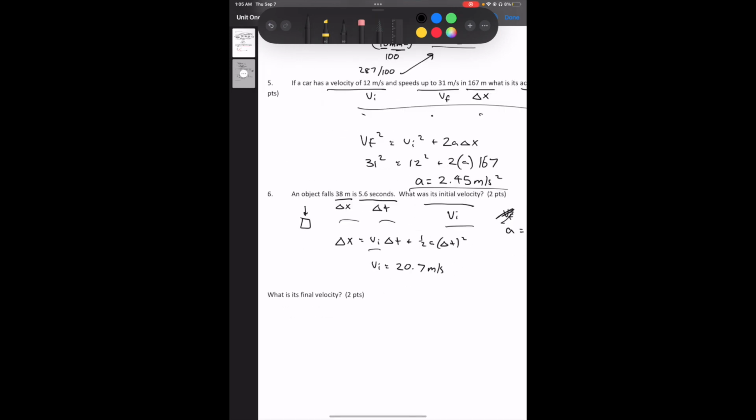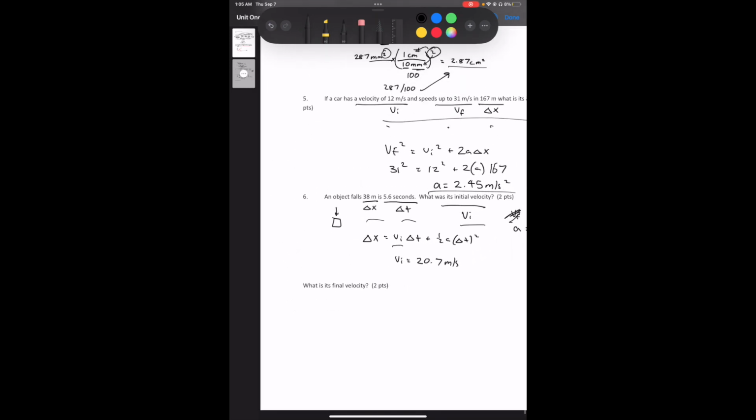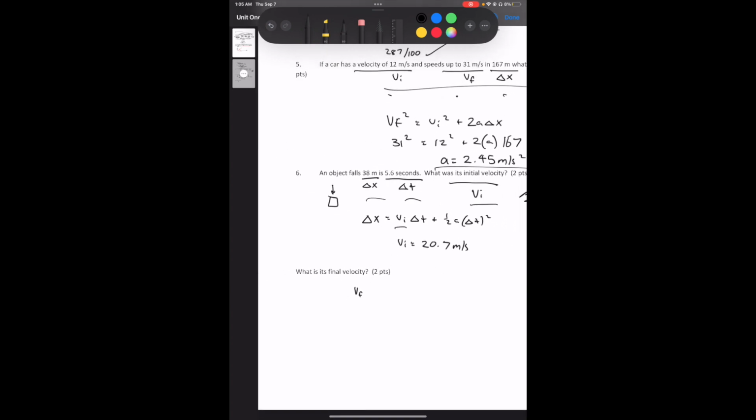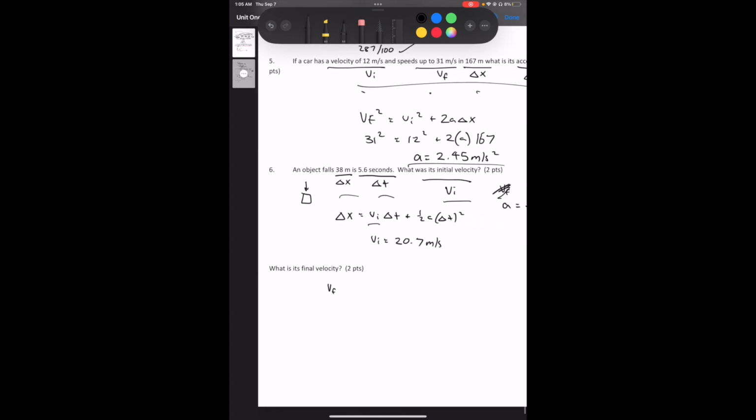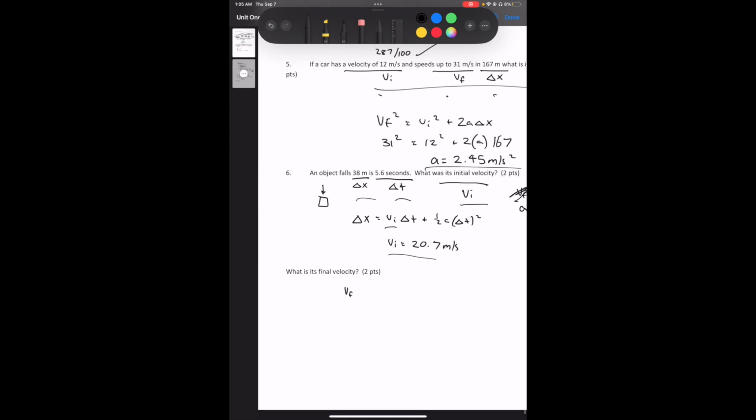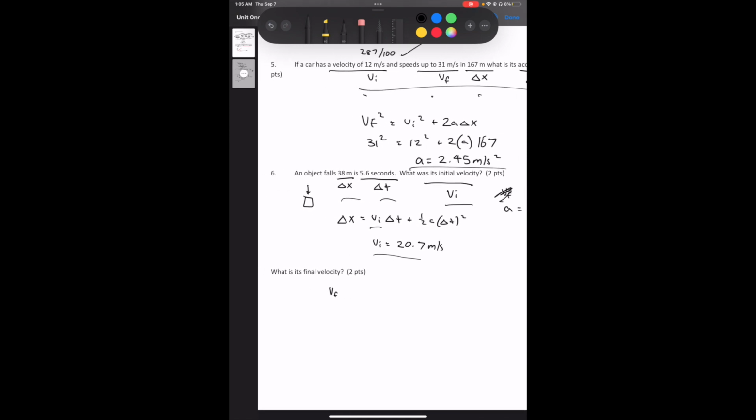Now the second part of this question, what is its final velocity? So we're solving for our final velocity. We already have an initial velocity that we solved for. We have the acceleration and we have the time. And we have an equation that deals with all of those terms in one.